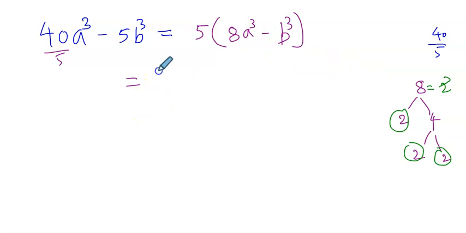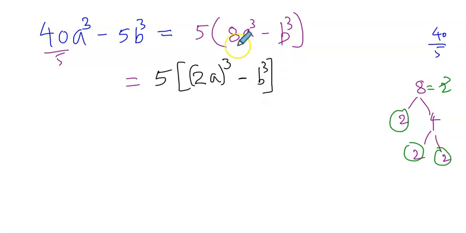Nice. I will change this into 5 times this, a is written as 2 and a is already there to the third power. You see, 2 to the third power is 8, a to the third power, same thing, minus b cube.